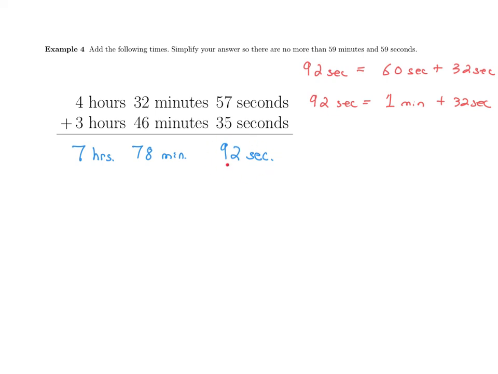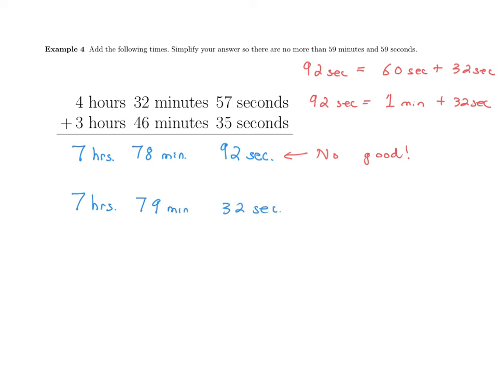Essentially, we can drop this down to 32, provided that we add 1 minute over here to go from 78 up to 79. So this was not correct. This was no good in terms of being simplified. But we can say it should be 7 hours, 79 minutes, and 32 seconds.